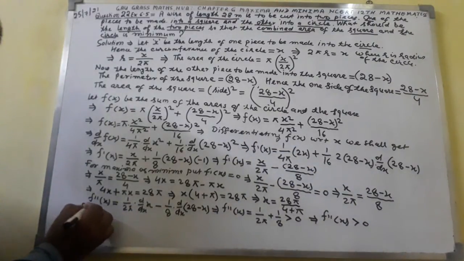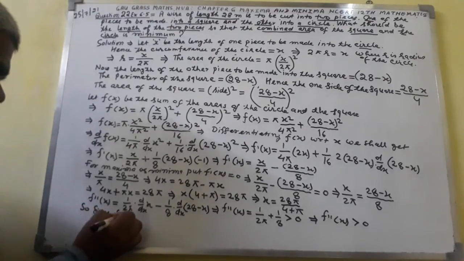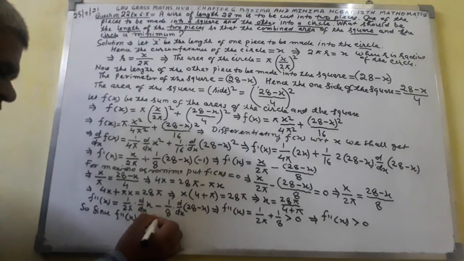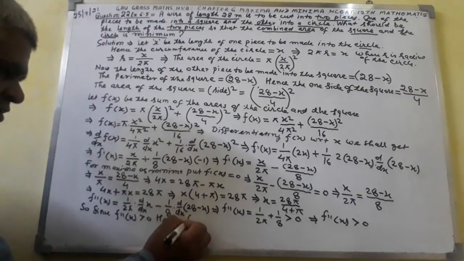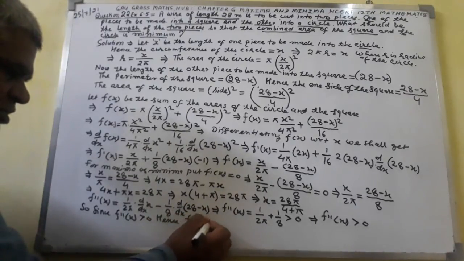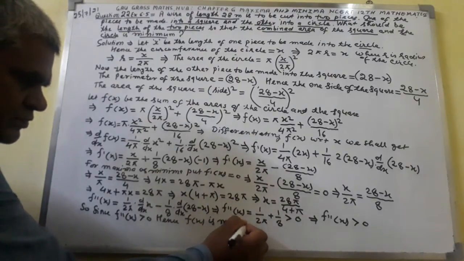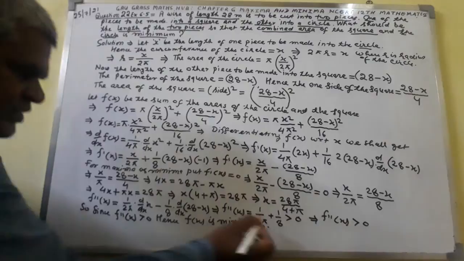So since f double dash of x is greater than 0, hence f of x is minimum. This thing we have got.